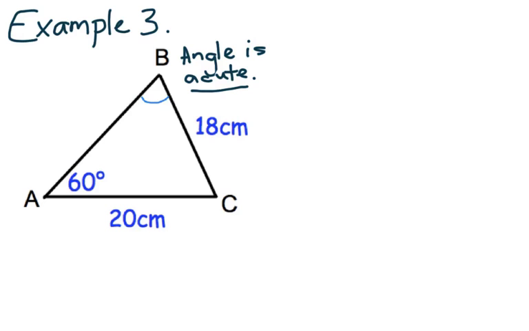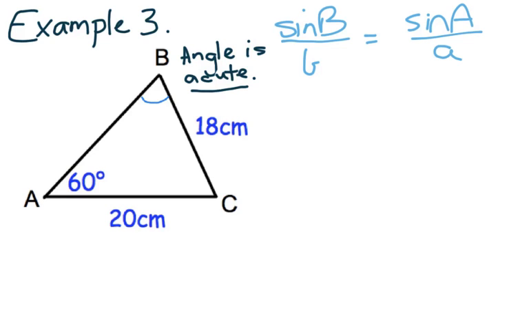So for this one, we're trying to find angle B. So to do this, we're going to have sine of B on the top because we want it on the top and on the left. So it's sine of B over B is equal to sine of A on A, because for this one you can see there's no information on C and no angle here either.